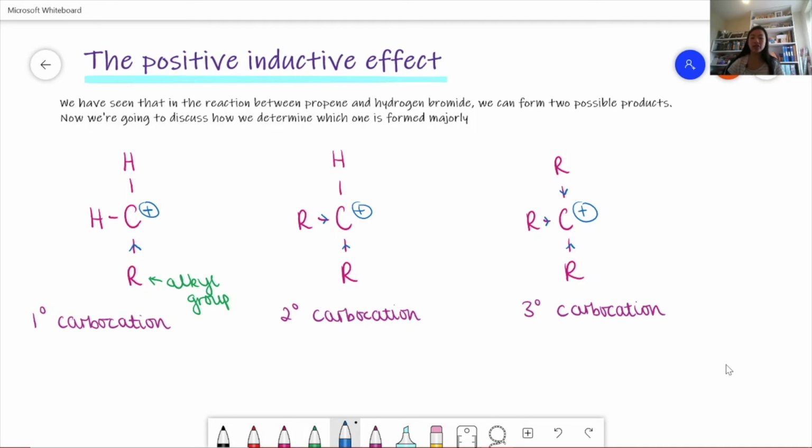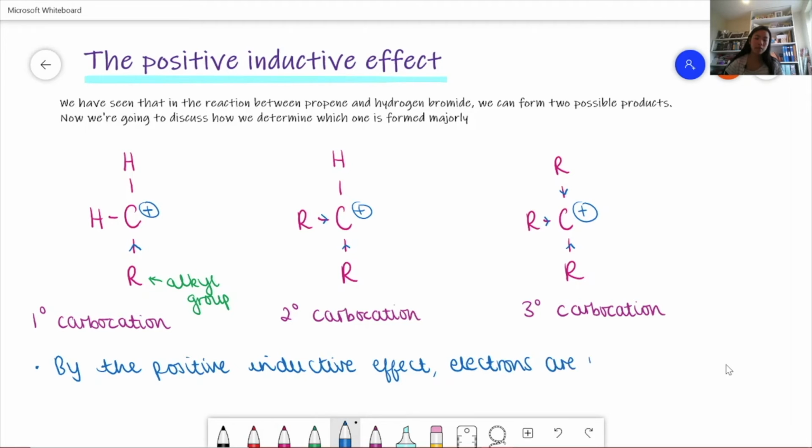And so the thing to remember is that by the positive inductive effect, electrons are released onto the carbon with the positive charge by alkyl groups.